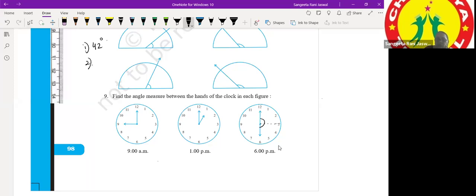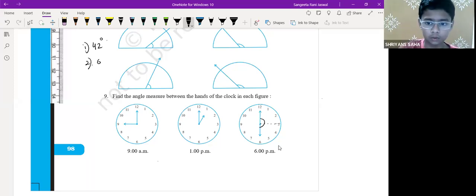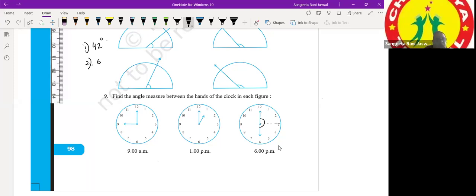Then second one, using protractor, 160 degrees. Then third one is 245 degrees. Right? Okay. Using your protractor, make these angles.